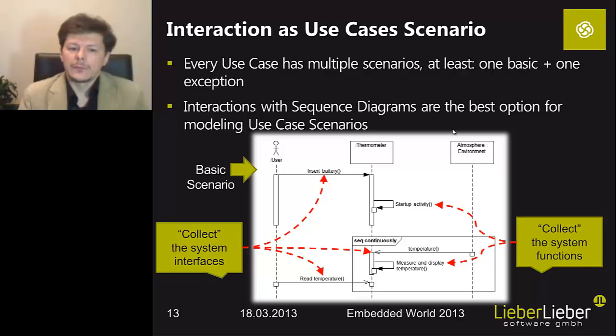So, use case sequence diagrams, the scenarios, have different useful outcomes. First of all, they help you define system interfaces, and they help you collect or define system functions. Why? It's simple. Every incoming message represents either an operation call or an incoming signal. So it is a basis for the definition of the system interface.